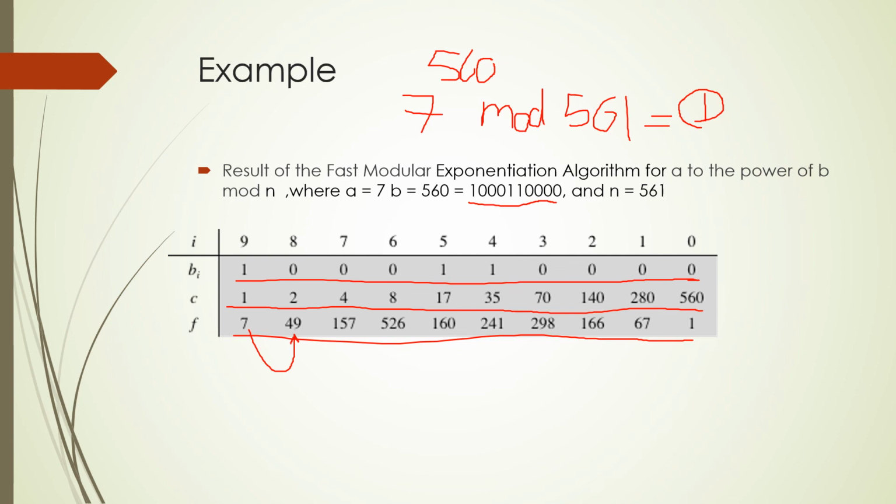So that's basically the case, and you can just fill out this table using a very simple Excel sheet. And at the end, when we reach the last bit of b, you reach the final value of the remainder, which is 1. So as you see, we have correctly reached the actual value of the remainder, which is 1.